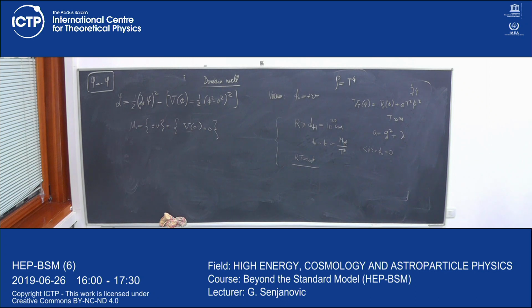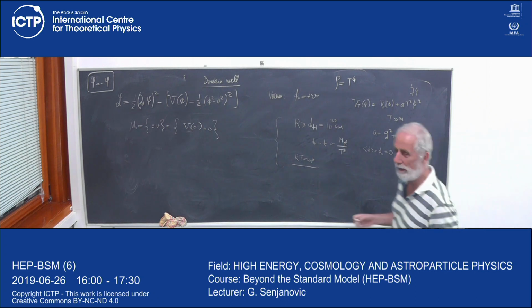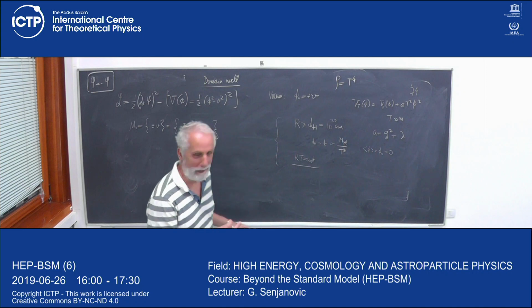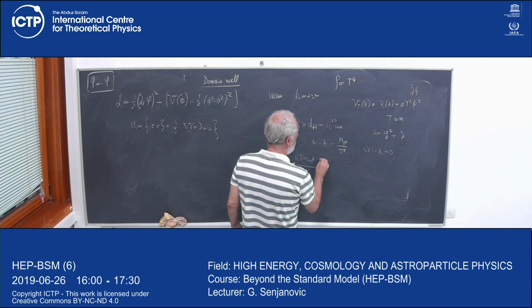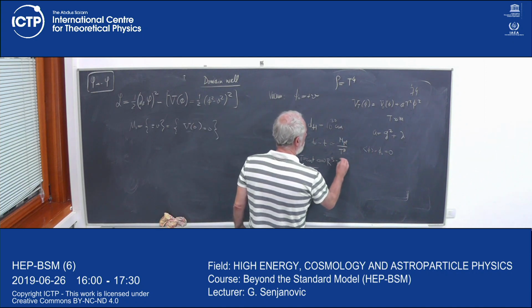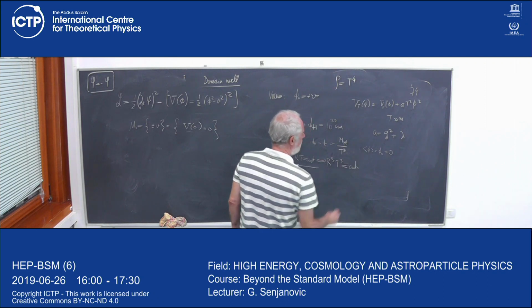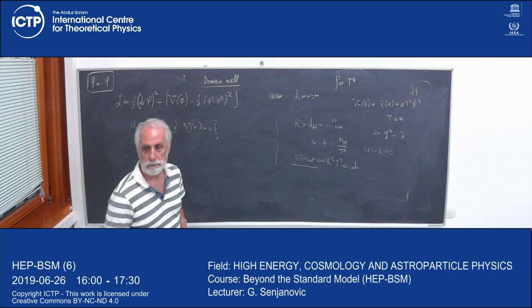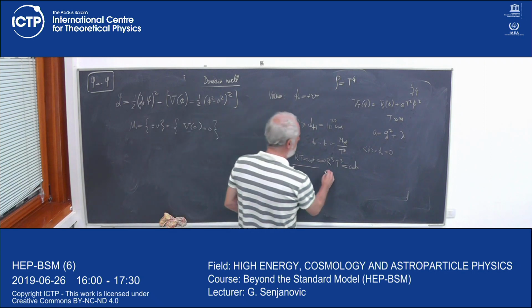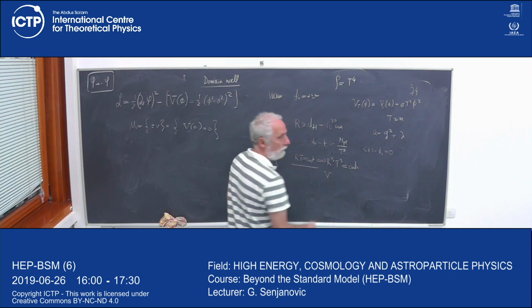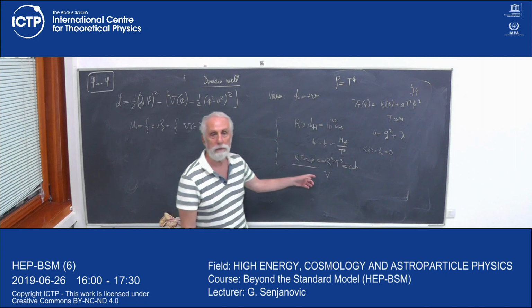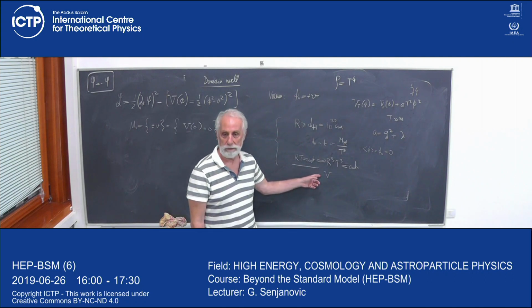What it means, so somebody didn't capture this, it seems to me, the way you look at it. This is equivalent to saying that R cubed times T cubed is also a constant. Now R cubed is a volume, and T cubed is a density.